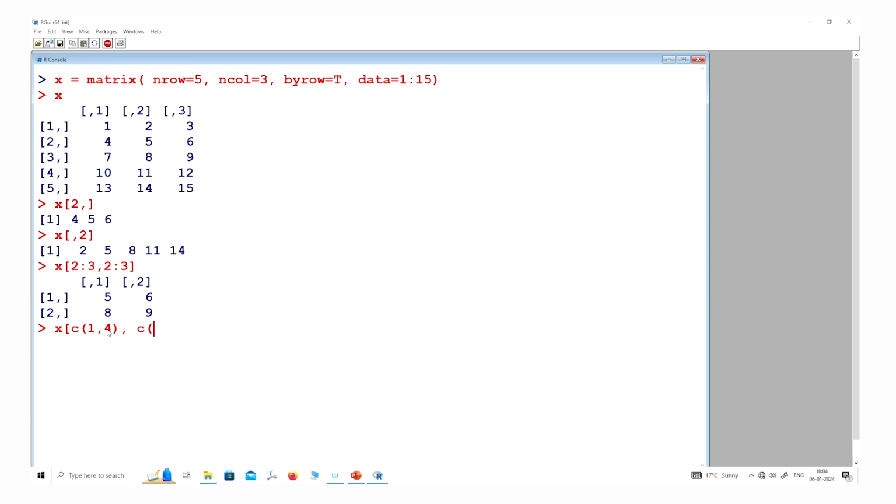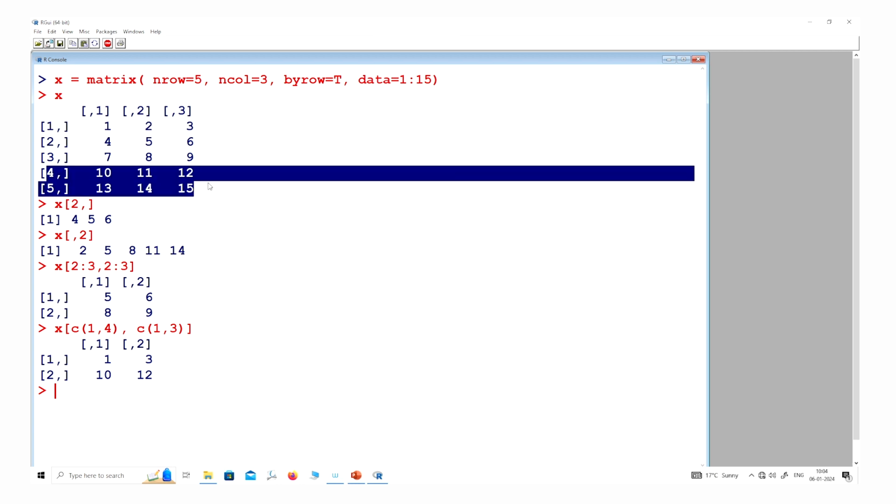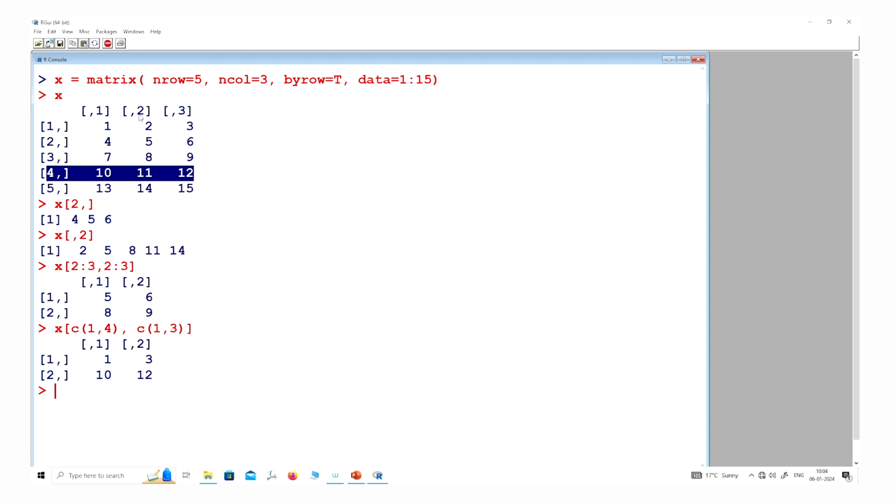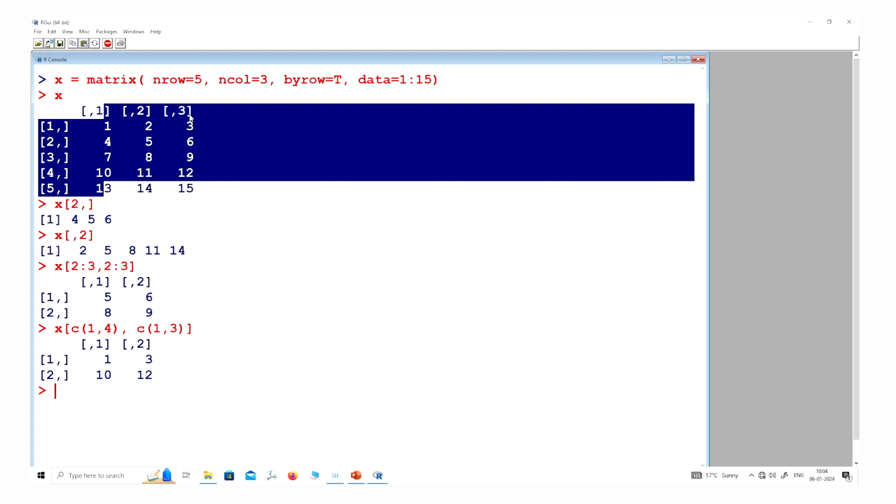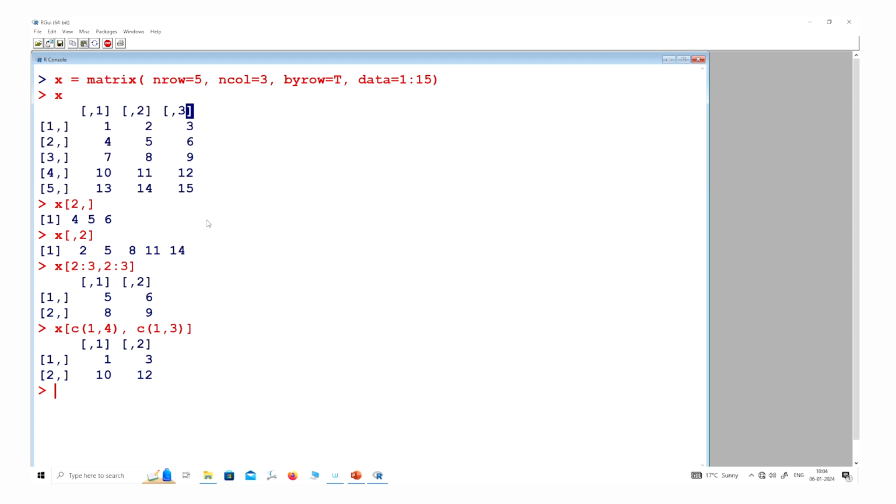So I can say C 1 comma 3. You can see this comes out to be here. First and fourth means the first row and the fourth row, and then the first column and the third column. So this is how you can create different types of matrices.